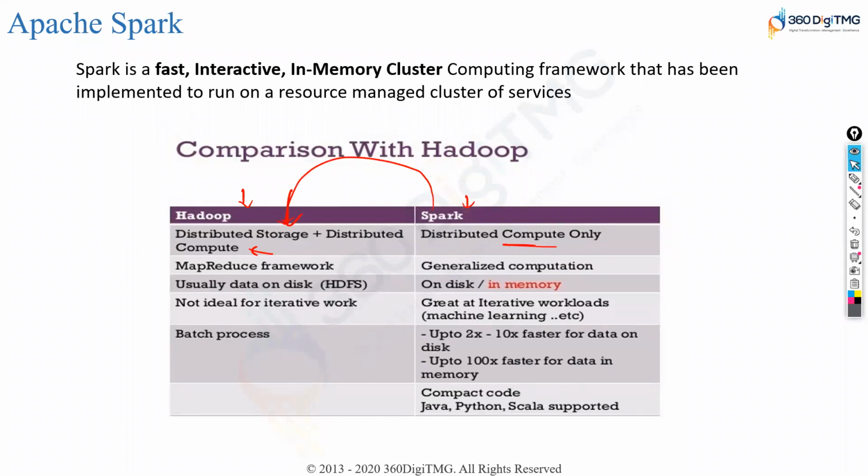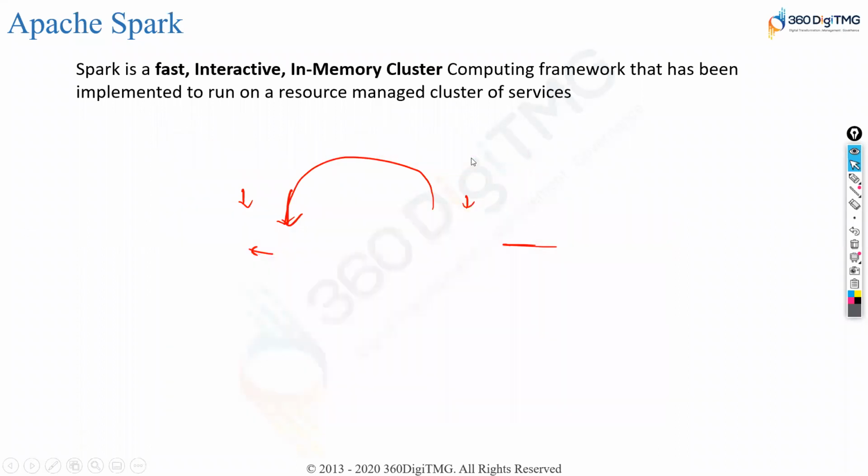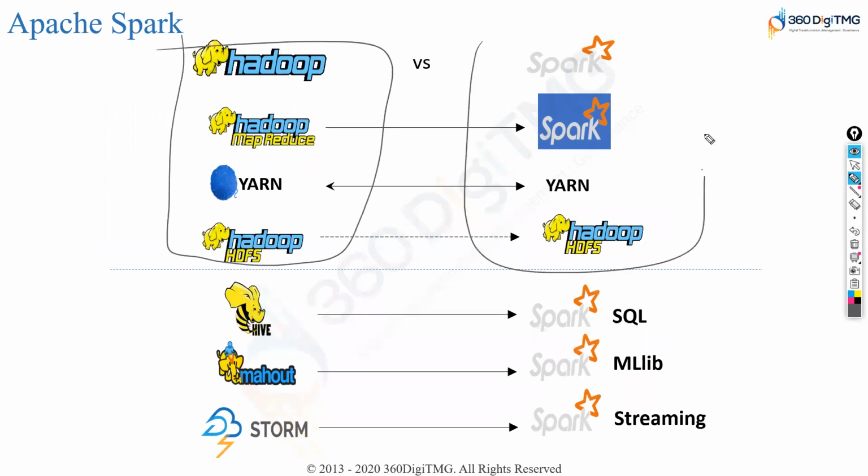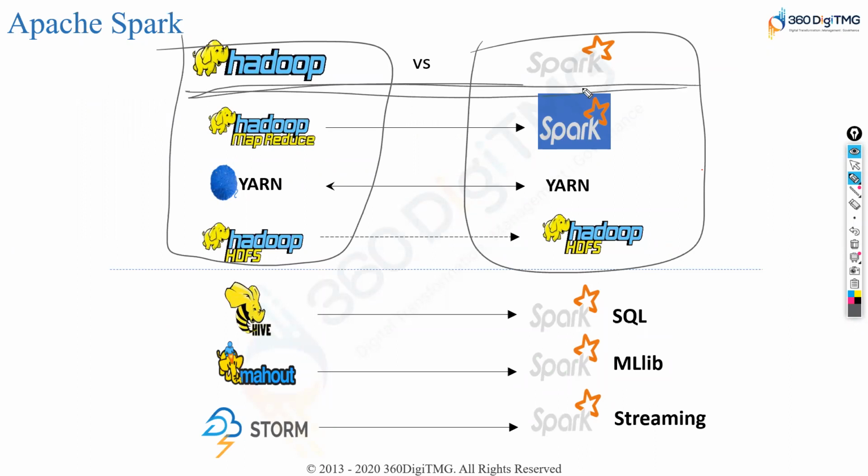Right. So if I go back to the previous slide, if you look carefully into this chart, this is basically what you have to look at, not the entire thing. This is what you have to compare. So we are comparing Spark with Hadoop. Now YARN remains YARN, HDFS remains HDFS only. But the one thing that is changing is that from MapReduce, we are changing to Spark.